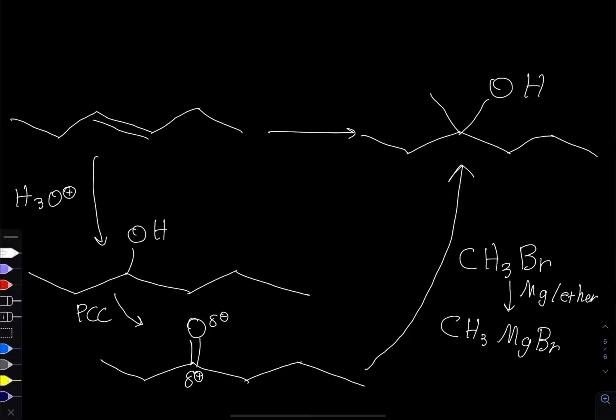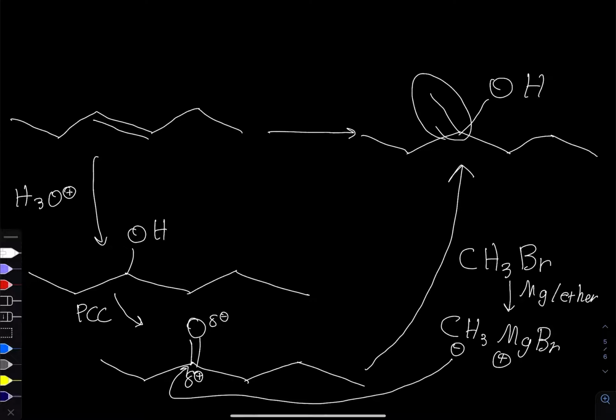You have a negative charge on the carbon atom and a positive charge on the magnesium and the bromine atom. And so this negatively charged carbon atom, this carbon nucleophile, is going to attack this carbon, push out the electrons here, and you're going to get this methyl group attached.